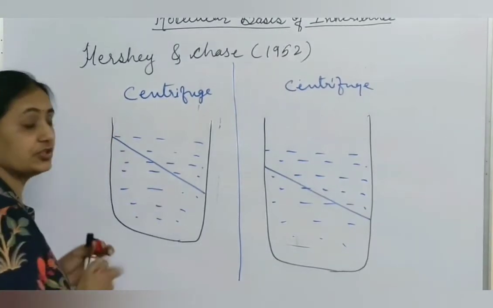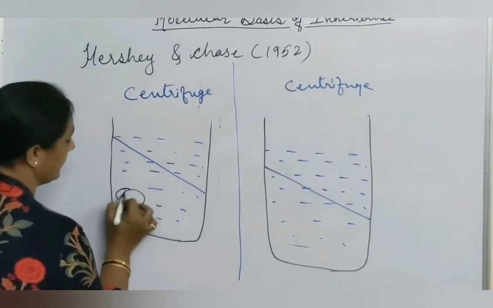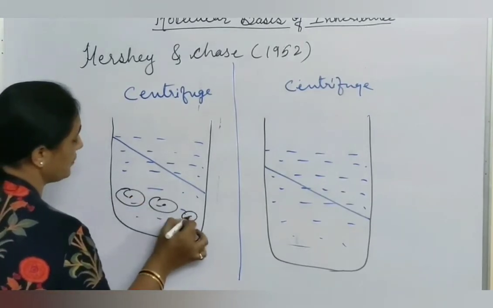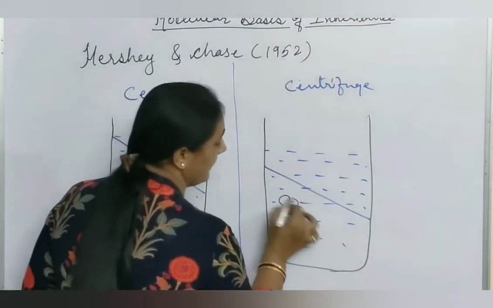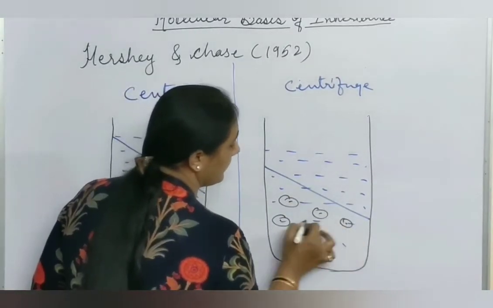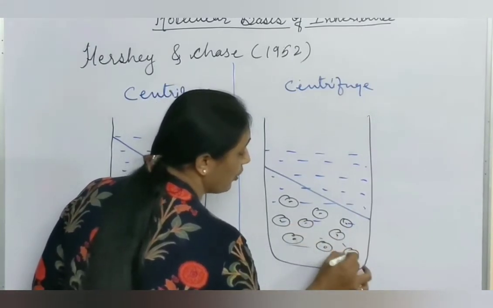In the pellet region, they found the bacterium. Bacterium remains in the pellet region. And the virus has a body made up of protein.